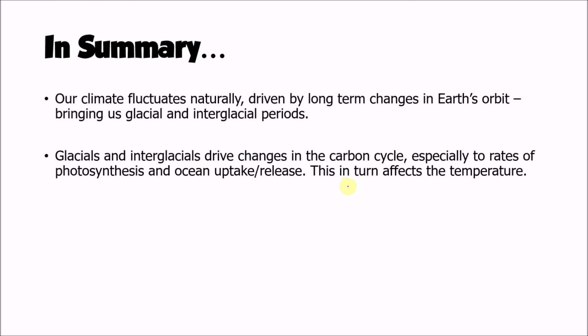The glacial and interglacial periods themselves then drive changes in the carbon cycle, especially things like the rate of photosynthesis, which goes up when temperatures are warmer or goes down when temperatures are colder, and also the exchange of carbon dioxide between the ocean and the atmosphere. And all of those things are influencing the temperature.